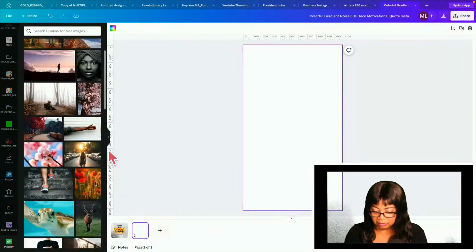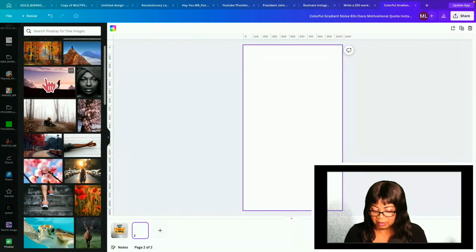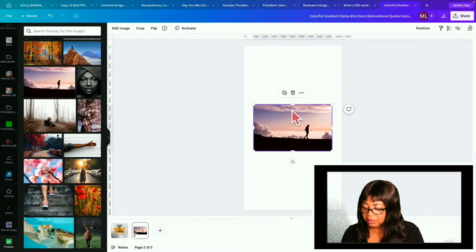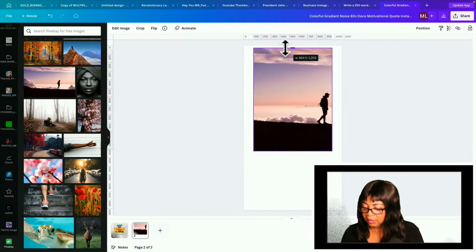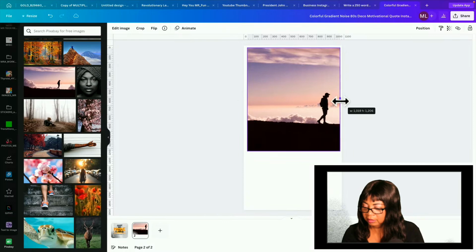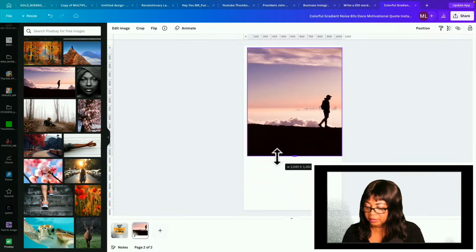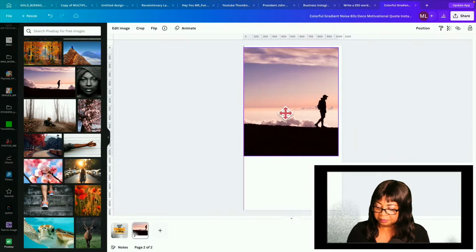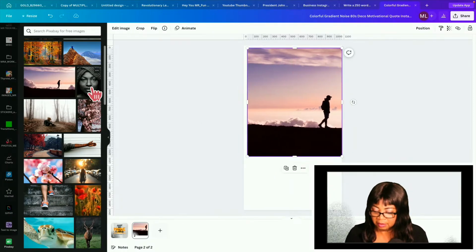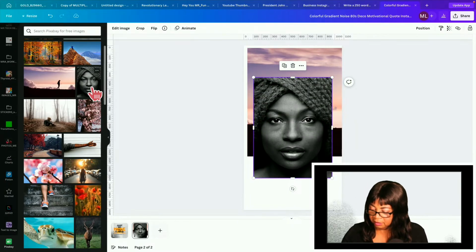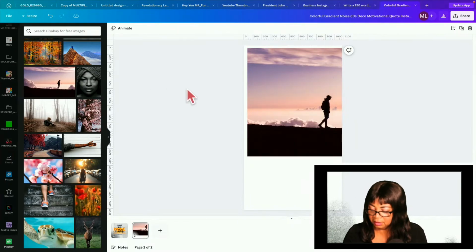Well, that's beautiful. Oh, yeah, that's really pretty. And, of course, you can expand that. Just drag on these handles, and you can make it as large as you want. Center it. Do whatever you want with it. That's pretty. She has an interesting face. Very nice. Okay. And if you don't want it, you can just delete.